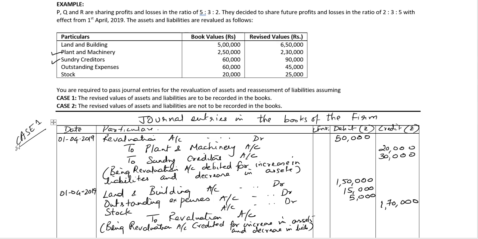Now we find that the credit of revaluation is greater than the debit of the revaluation. There's a difference of 1,70,000 minus 50,000, which is 1,20,000, and this is the gain on revaluation.